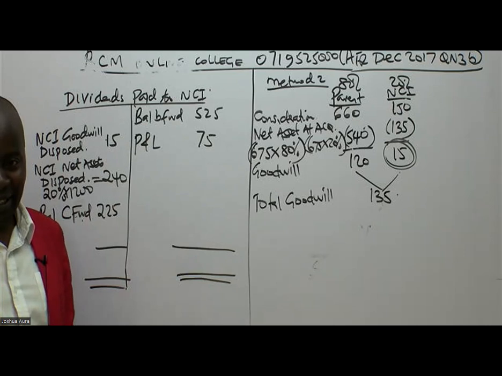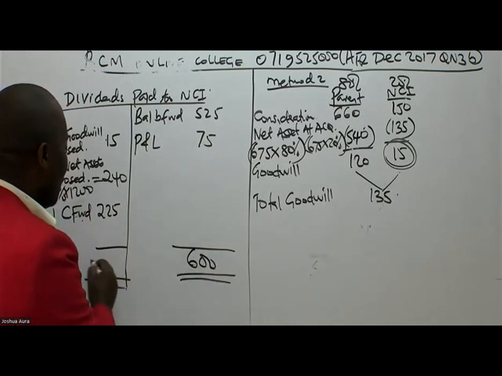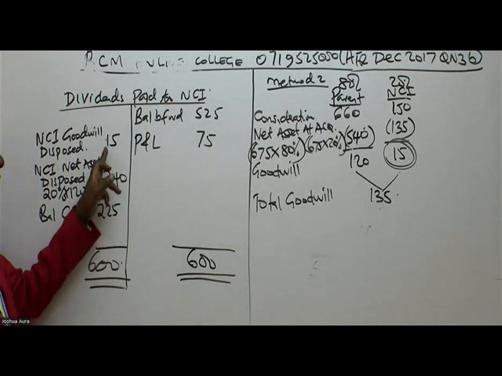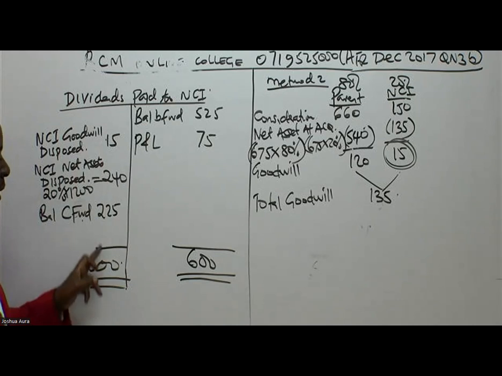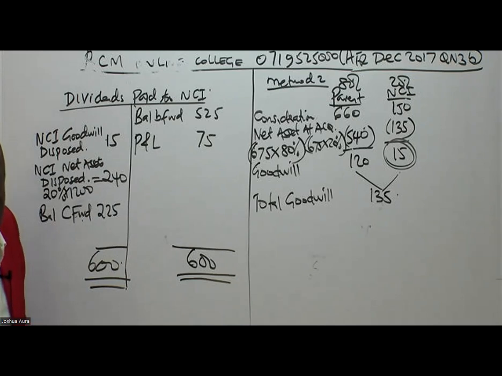Is it 600? 600, thank you very much. So this will be 600, and this will be 600. Then the balancing figure will be 600 minus this, minus this, minus this. So 600 minus 225 minus 120.